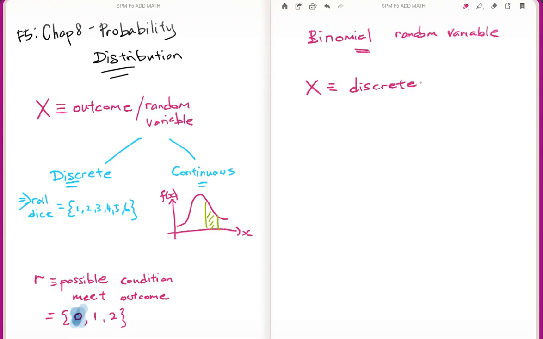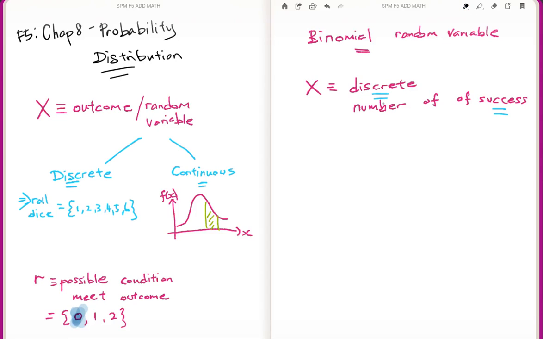Discrete meaning either yes or no. It's a discrete random variable that represents the number of successes. These are the few important words. It has to be a discrete number and represents either success or failure.